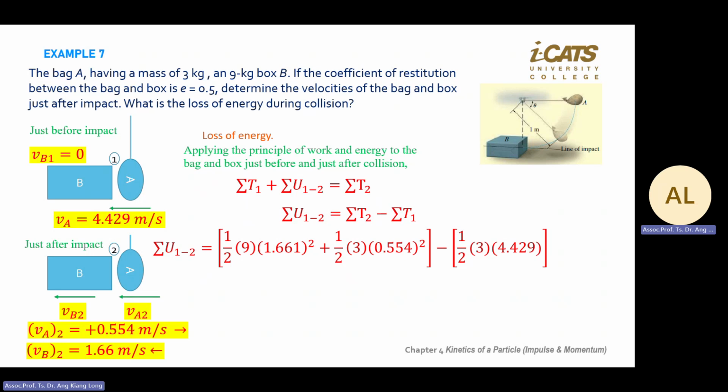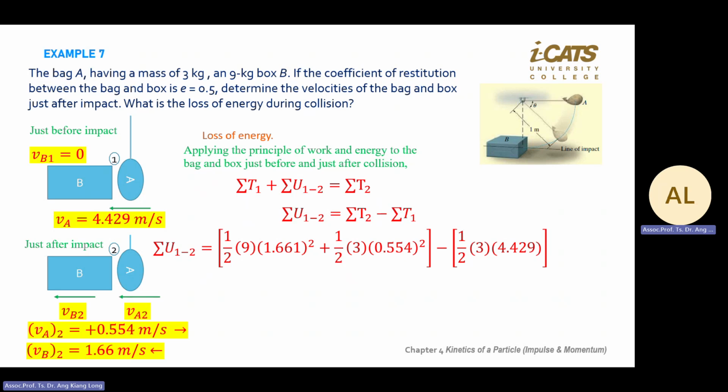And then you bracket it square. So there's a careless mistake in my working. In this case, I assume my direction positive to the left. So in my working, I should show bracket minus 0.554 because my value for VA2 is negative in my previous calculation. But we have a square there, so we still get a positive value.